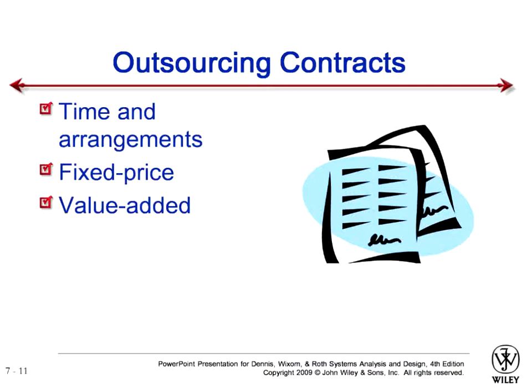If you are making a time and arrangement contract with your outsourcing party, then the contract is very flexible, and your company has to pay for whatever expenses they have. Even if it is taking longer, you have to pay for it.